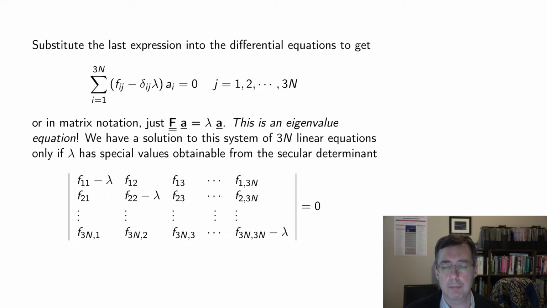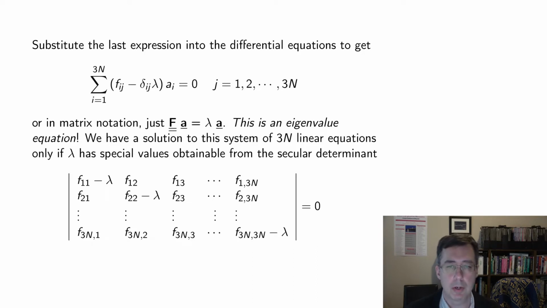Now here I don't have a one-dimensional problem, I have a multi-dimensional problem, which is all coupled due to that F_ij. But if we guess this simpler solution and plug it into my set of working equations and do a little algebra, I get this set of equations.